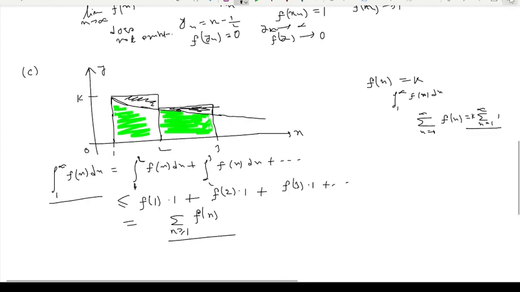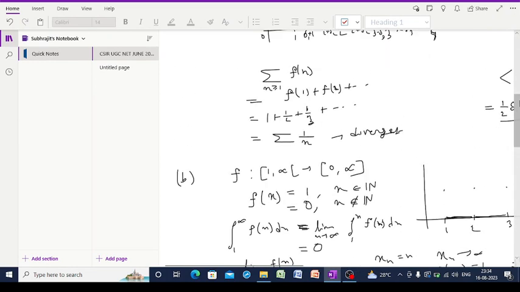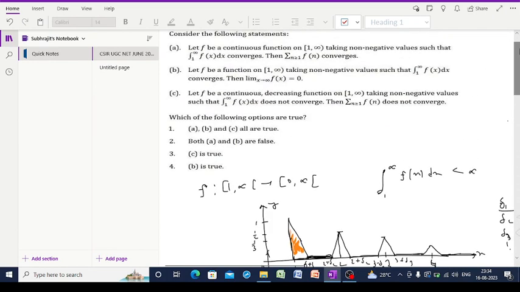Now look at option C. It says that if integration 1 to infinity f(x) dx does not converge, then summation f(n) does not converge. So from our observation, options A and B are false and option C is true.